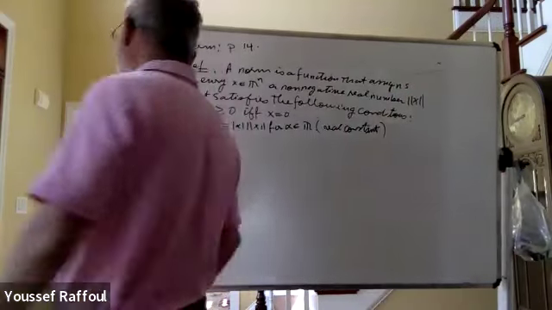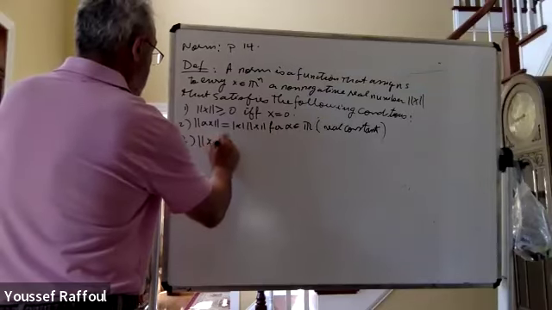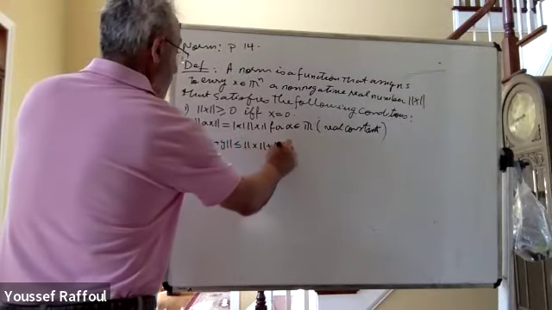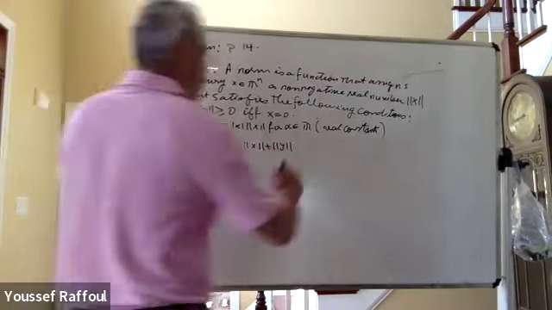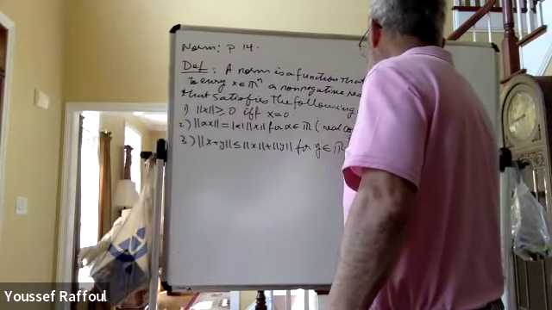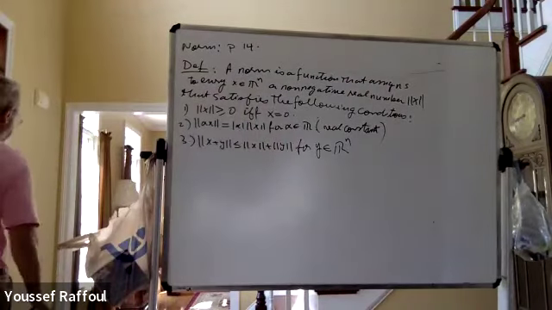Okay? And three, the triangle inequality: the norm of x plus y is less or equal to the norm of x plus the norm of y, for y in Rn. Okay?